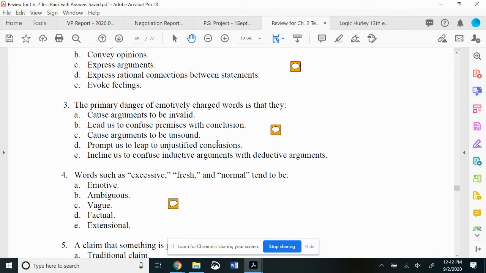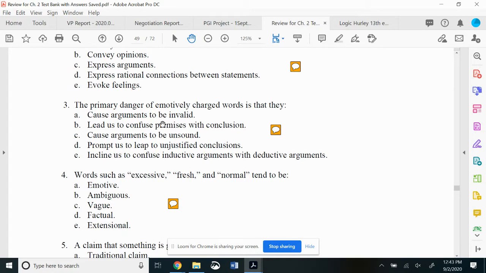If somebody can get you to emotionally react, it might be game over for you. You might get forced into the conclusion that they wanted you to buy all along, even though it's not logical. By the way, this happens in political debate all the time. If you can anger your opponent, you might be able to get them off their rocker and lead them into a conclusion that they don't believe is sound.